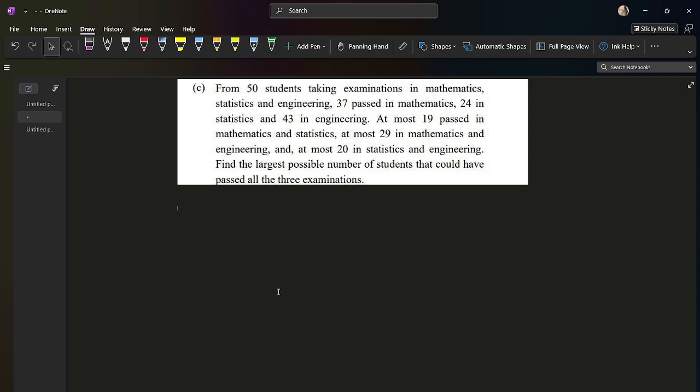Okay. So the data provided is: the total number of students is 50. And the number of students passing in mathematics, let us call it A, is 37.